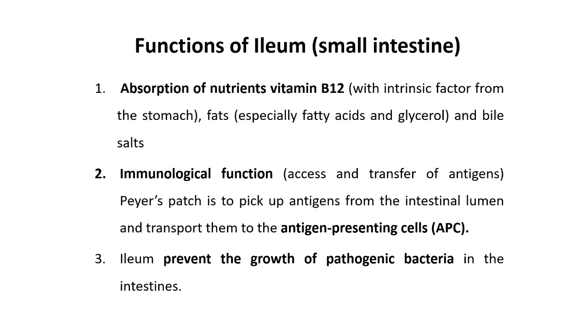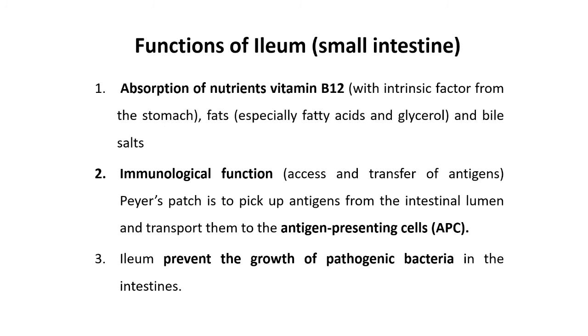Then the second function, as I said, Peyer's patch is an important characteristic of ileum. It is nothing but immunological in function. So whenever the Peyer's patch is located in a submucosa area of ileum, it picks up antigen from intestinal lumen and transports them to the antigen presenting cells of the blood.